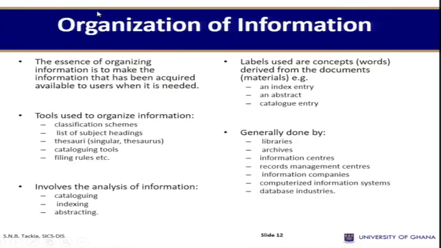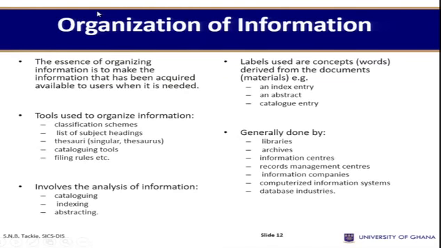Organization of information. Once the information is created and value is put on it, it must be put in a manner that it will become usable and useful. Usable and useful in the sense that people should be able to have easy access to it, and it should be beneficial to them when they use it. And in terms of organizing information, there are tools that are used. These include classification schemes.